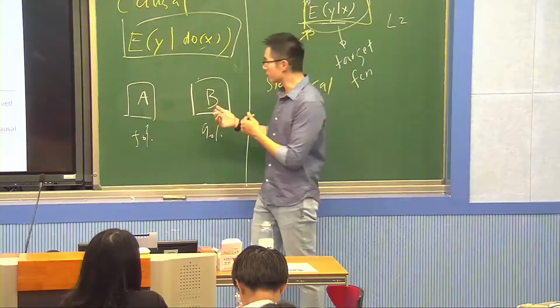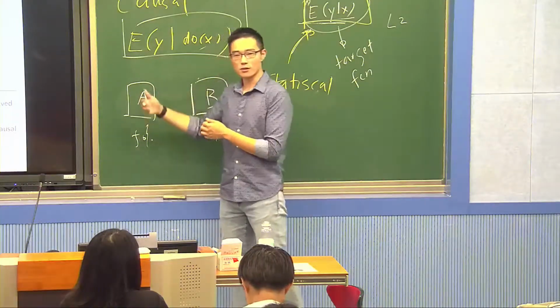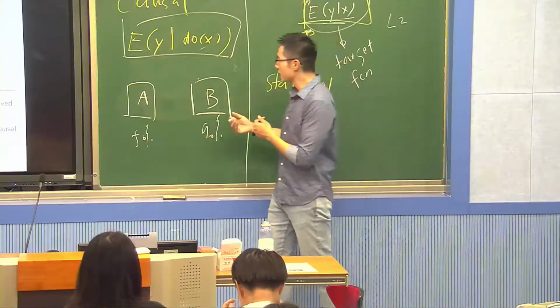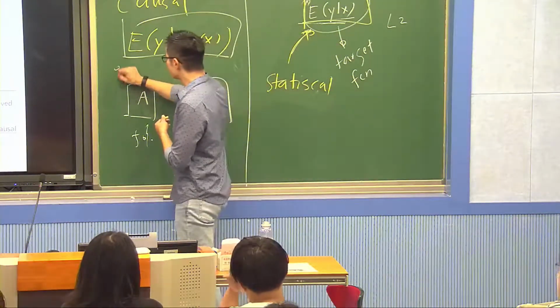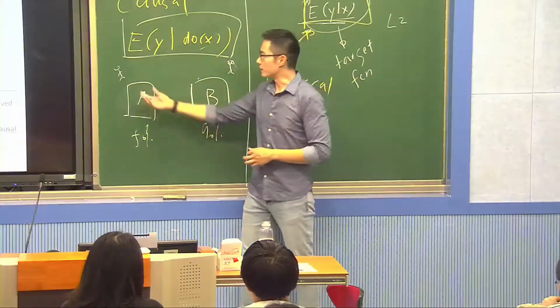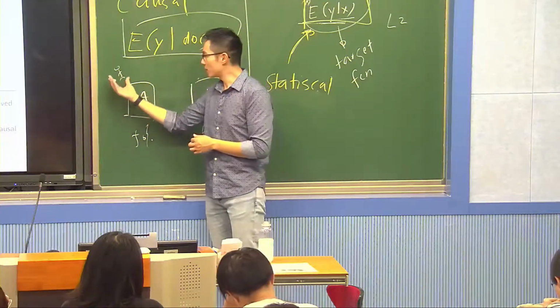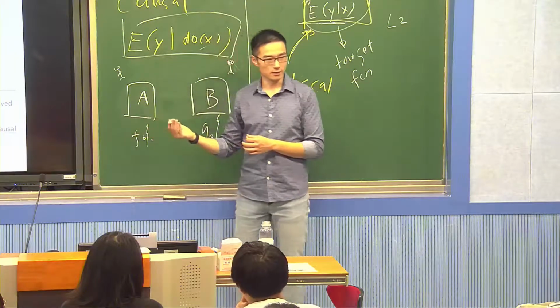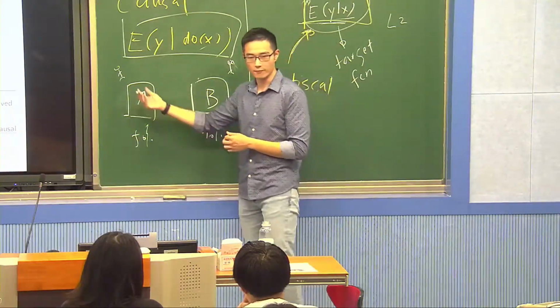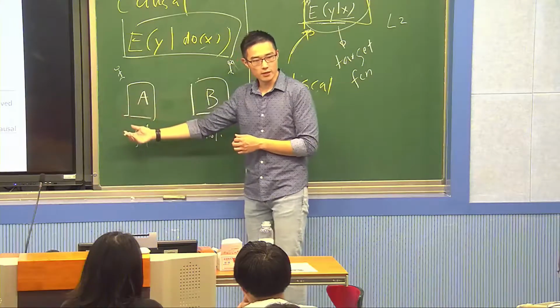The causal question here is which hospital is the best? Which hospital is better for treating your health? Now, they're different because the people who go to A and the people who go to B could be fundamentally different. It could be that people who go to A are sicker. They have severe health issues. Maybe they have cancer. They have a very severe illness.